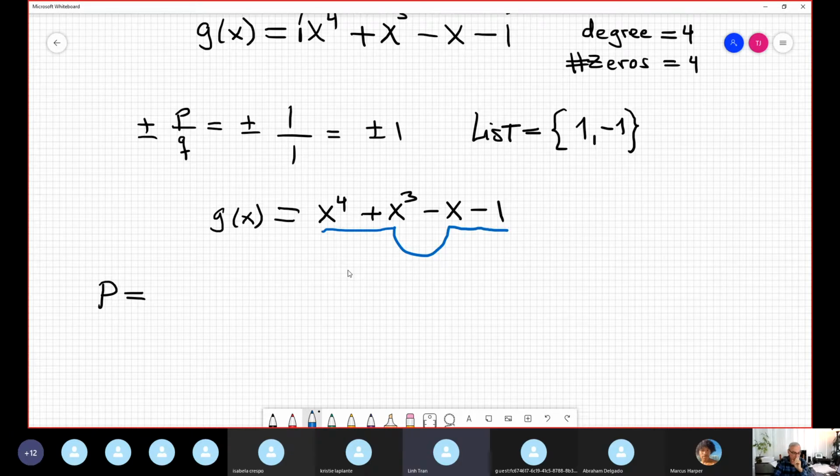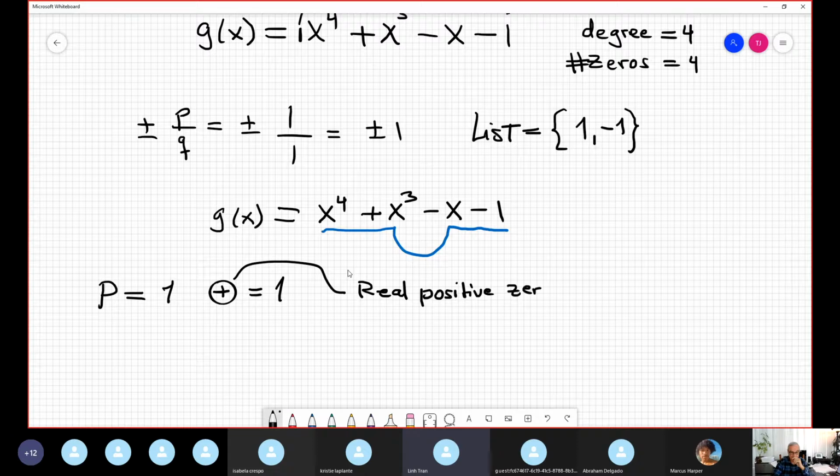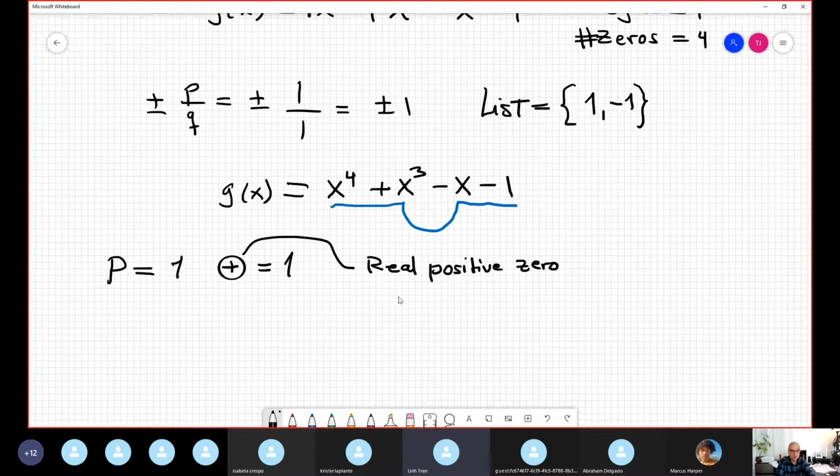P is 1. Definitely, we have only one potential positive real zero. That means, remember, this sign indicates real positive zero. We expect only 1. Okay, nice. I like that. I make a reflection now.